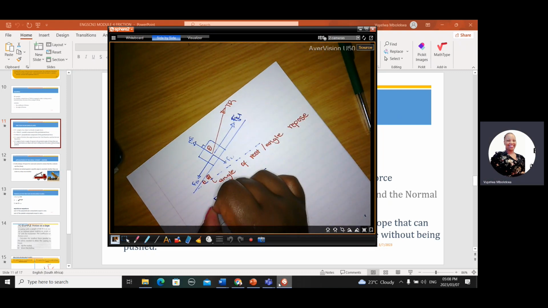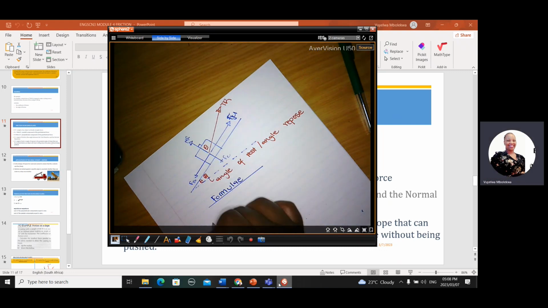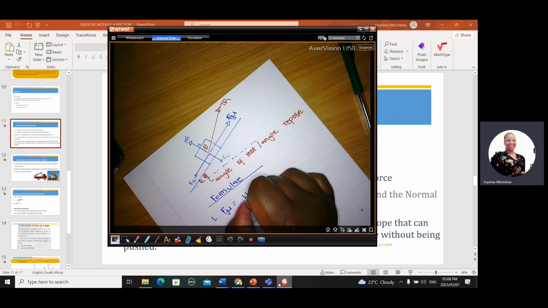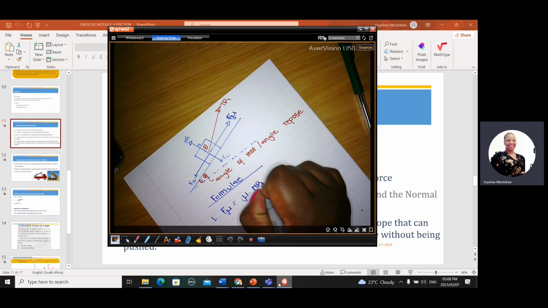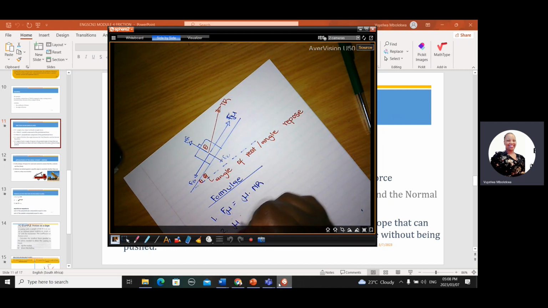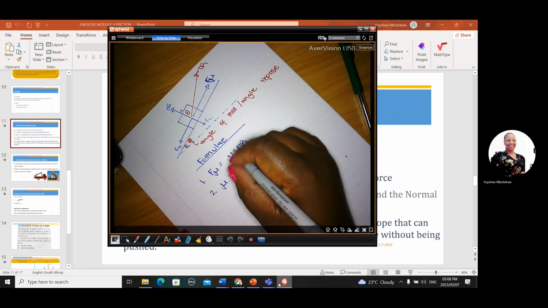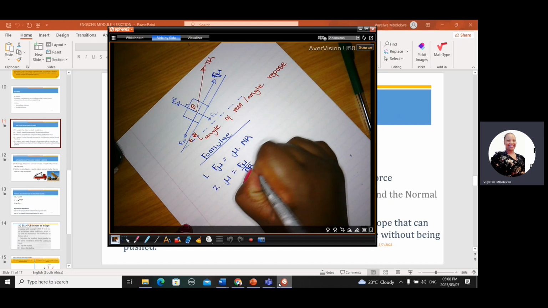And then again, if we look at the equations that we use when you have friction on a slope, it will again be the formula to calculate frictional force, which is coefficient times normal reaction. The coefficient equals frictional force over normal reaction.